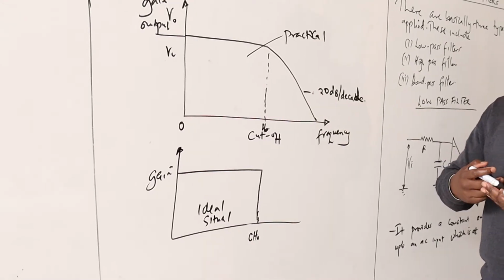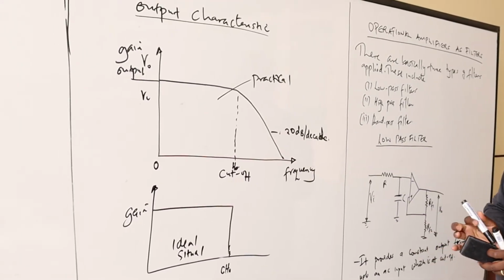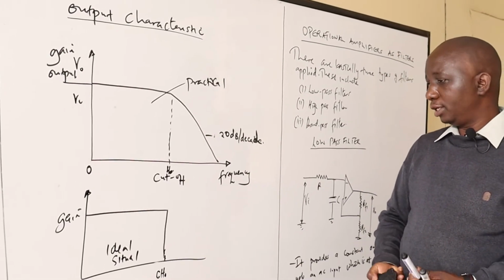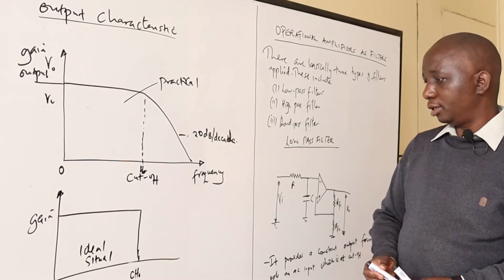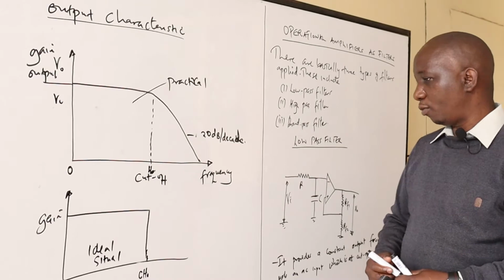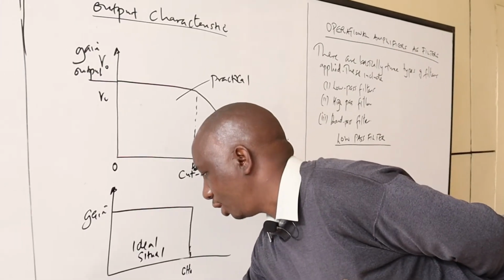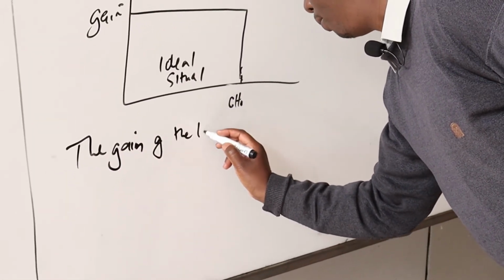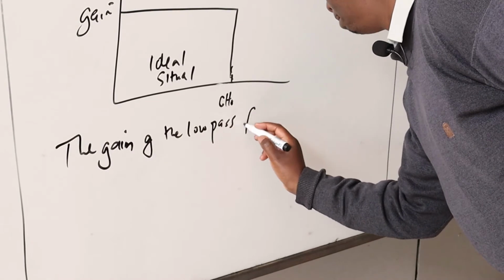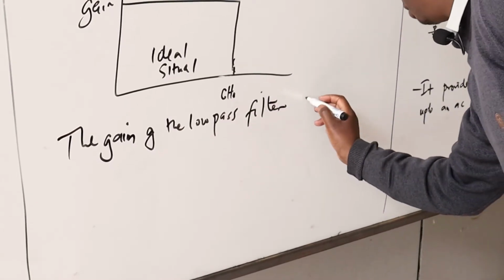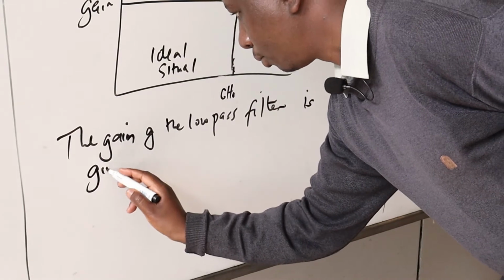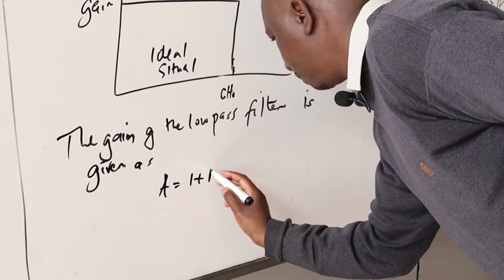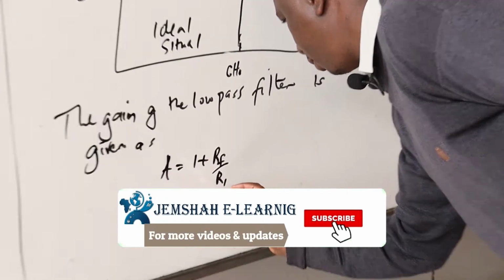Looking at the diagram of a low-pass filter, the gain is normally retained from the functions of the operational amplifier, and therefore the gain of the low-pass filter is given as 1 plus RF over R1.